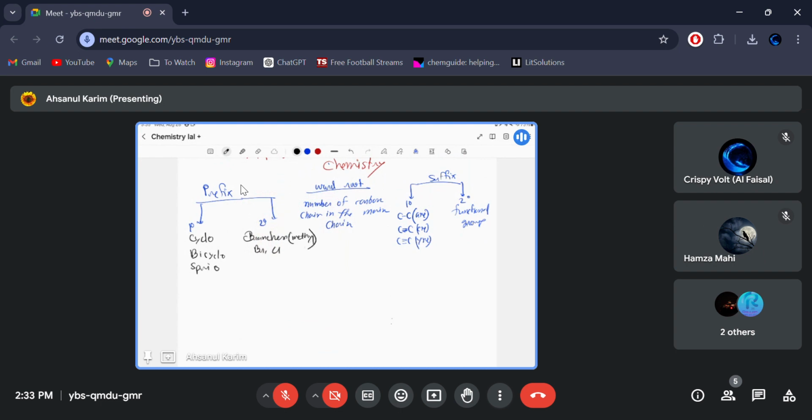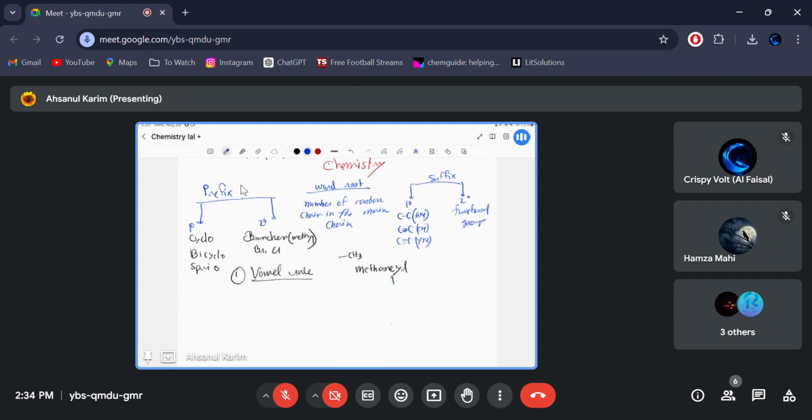Why? I also discussed the vowel rule, right? Why is it methyl? First, the vowel rule. What is the vowel rule? Eliminate the consecutive vowels, right? For example, I have this. What is this? This is methane. And whenever there is a hydrogen missing from methane, you should add YL, correct?